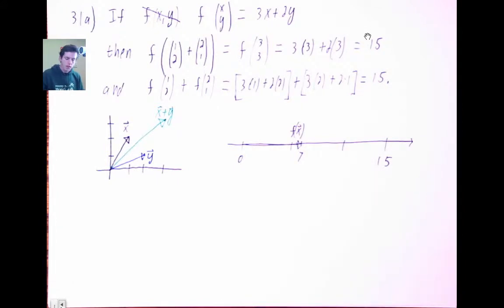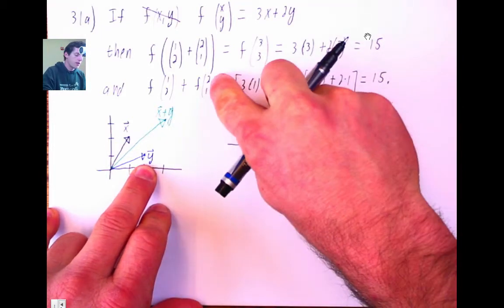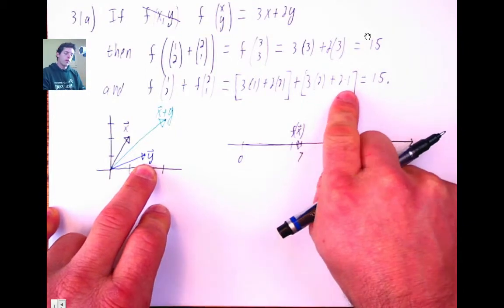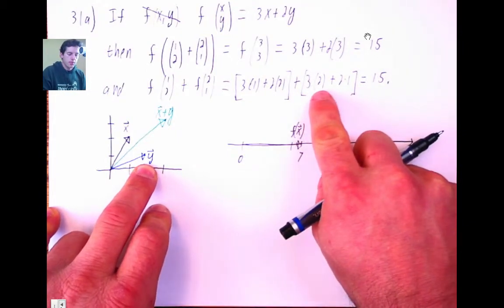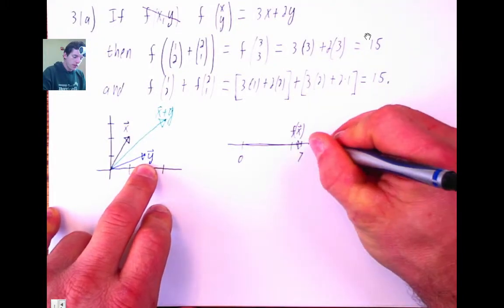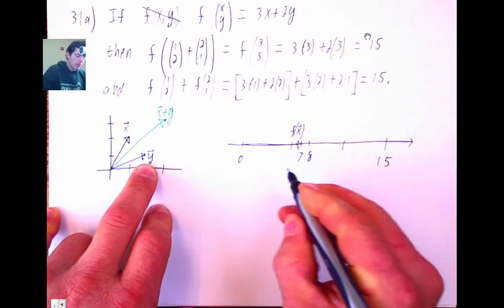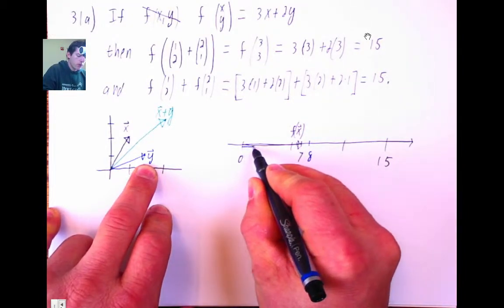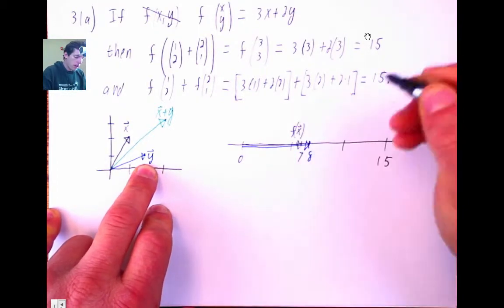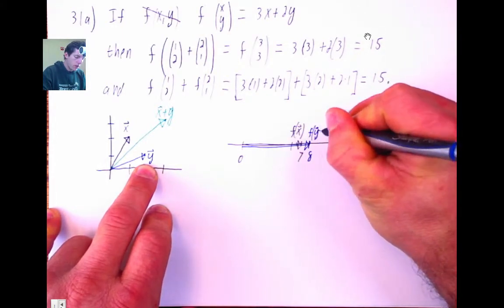And then in blue, I'm going to draw the thing that y gets turned into. Y is 2, 1. F of 2, 1 is 3 times 2 plus 2. Let's see if I can get my arithmetic right this time. 3 times 2 is 6 plus 2 is 8. Okay. So I'll make another tick mark here. 8. And in blue, I will draw an arrow and call that arrow f of y, harpoon.